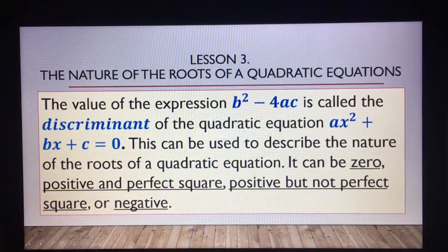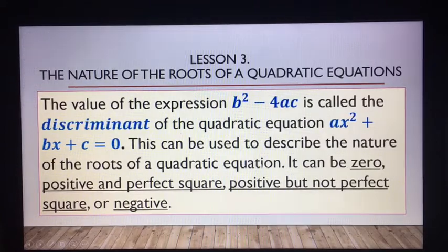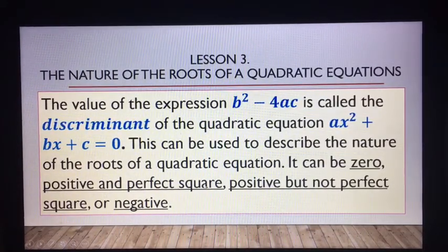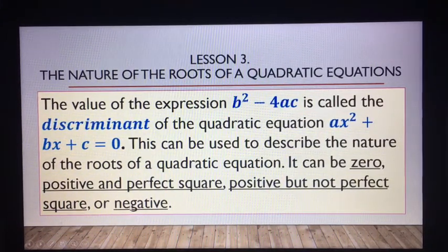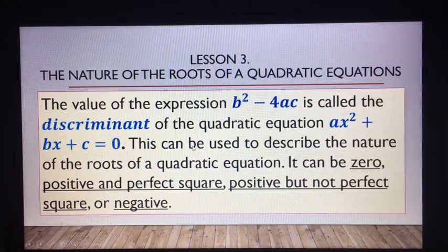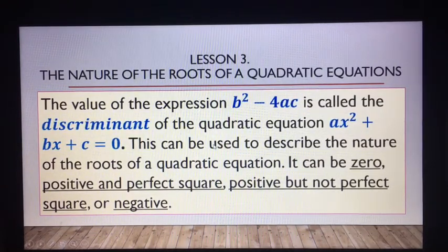This can be used to describe the nature of the roots of a quadratic equation. It can be 0, positive and a perfect square, positive but not a perfect square, or negative. So, this discriminant helps us describe the nature of the roots of a quadratic equation.